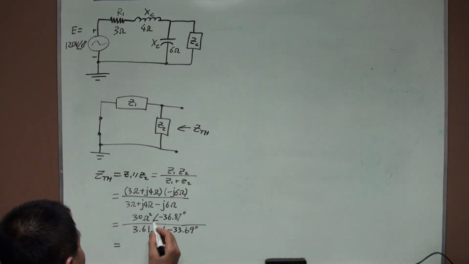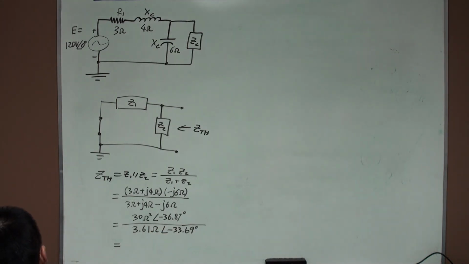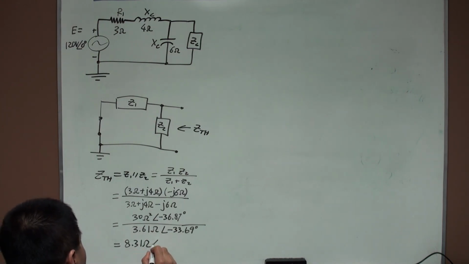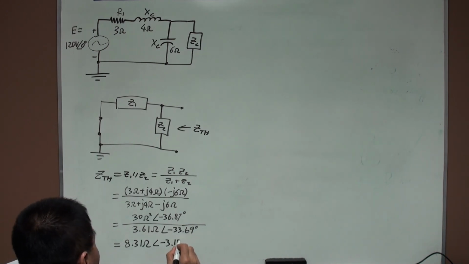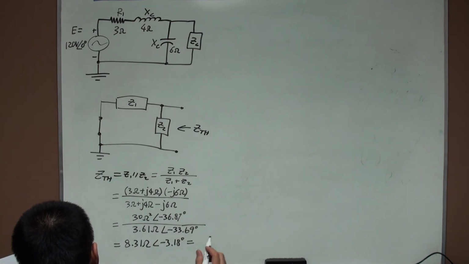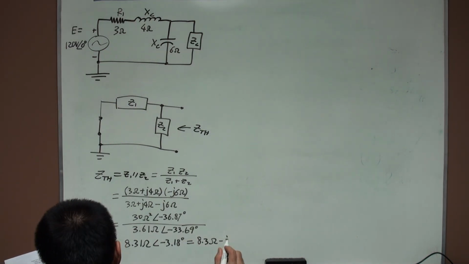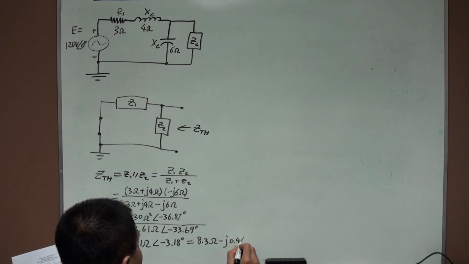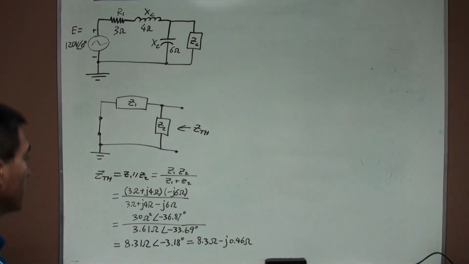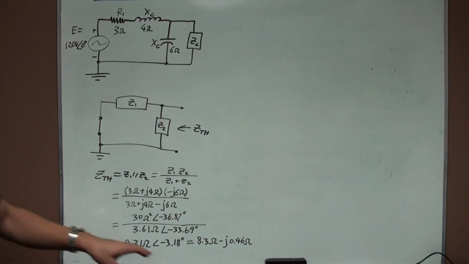Finally we do the division, and it is equal to 8.31 ohms with an angle of negative 3.18 degrees. Converting back to rectangular form is 8.3 ohms minus j0.46 ohms.